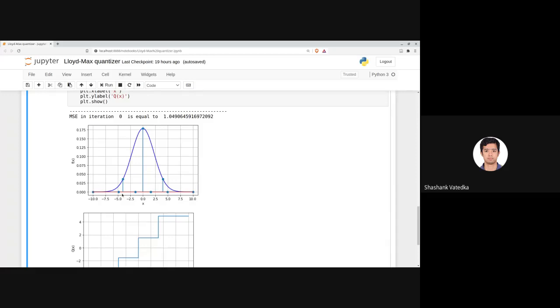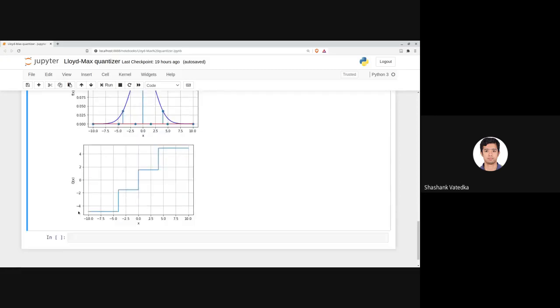Note that in this particular example, the alpha i is not really the midpoint of two levels. And the quantizer as a mapping, again this should be g of x, looks something like this. As long as x lies in this particular interval, it is going to get represented as this particular value.